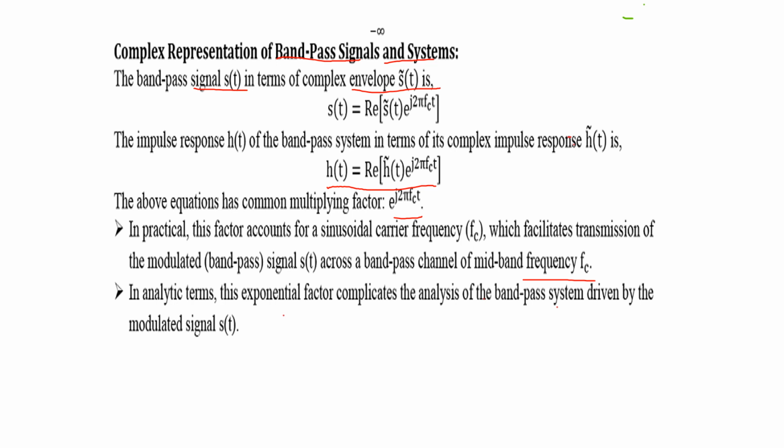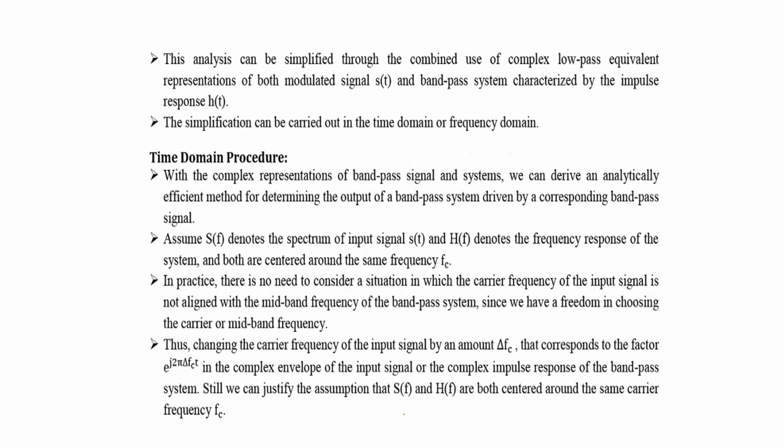The other point is that the exponential factor complicates the analysis of the bandpass system driven by the modulated signal. This analysis can be simplified through the combined use of the complex low pass equivalent representation of both the modulated signal s of t and the bandpass system characterized by the impulse response h of t. That's why we convert to a complex low pass equivalent, and the simplification can be carried out in the time domain or frequency domain.